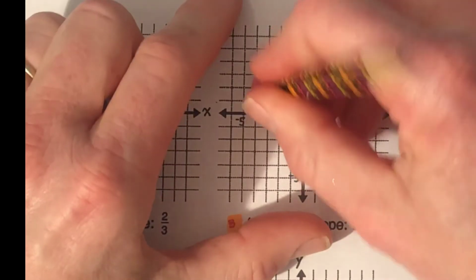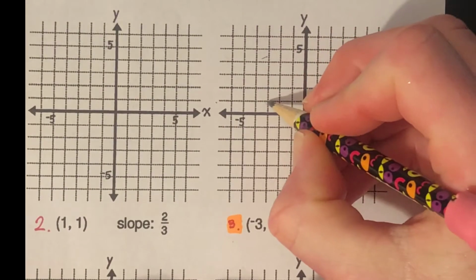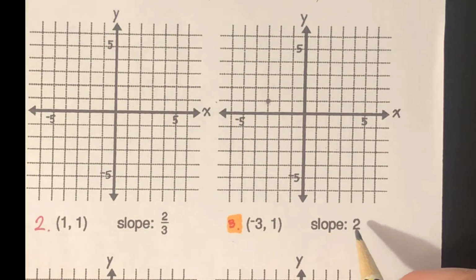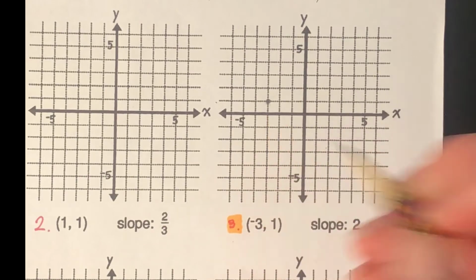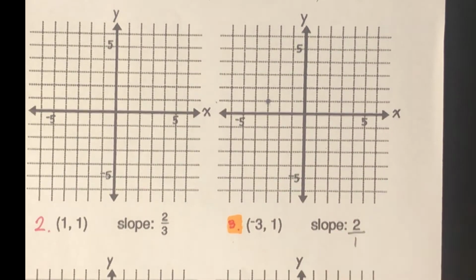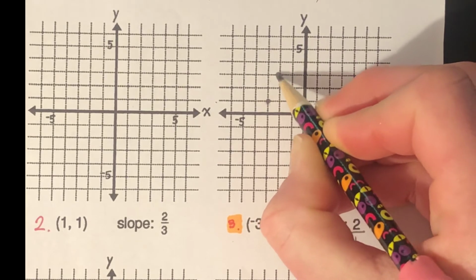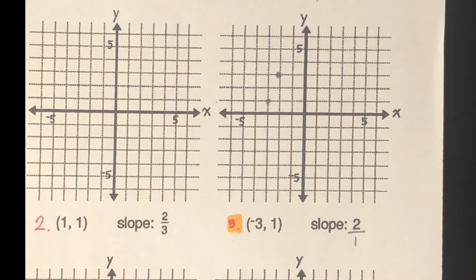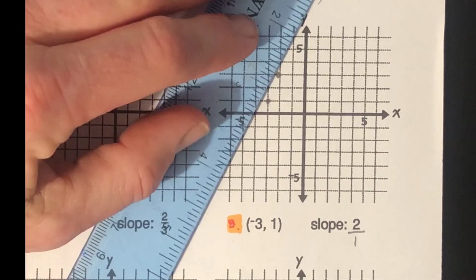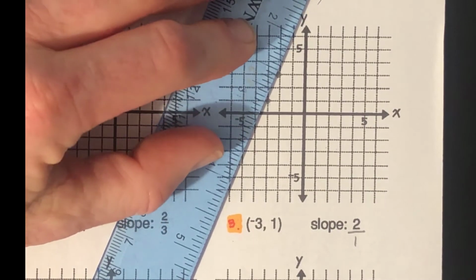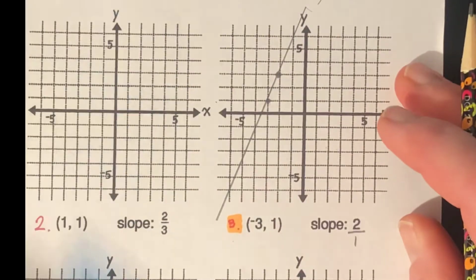Let me do that a little better. The slope is 2, so we go up 2 over 1. Remember, it's like this. So up 2 over 1. Just like that. When you draw your line, this is what you get.